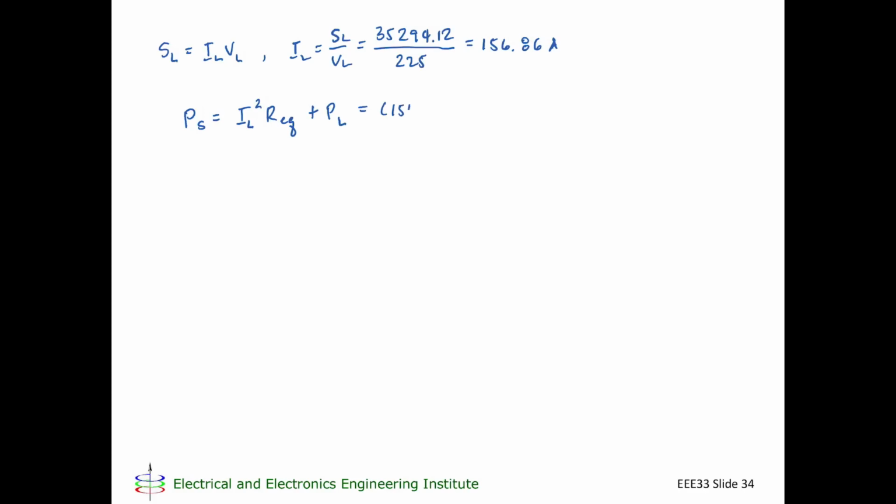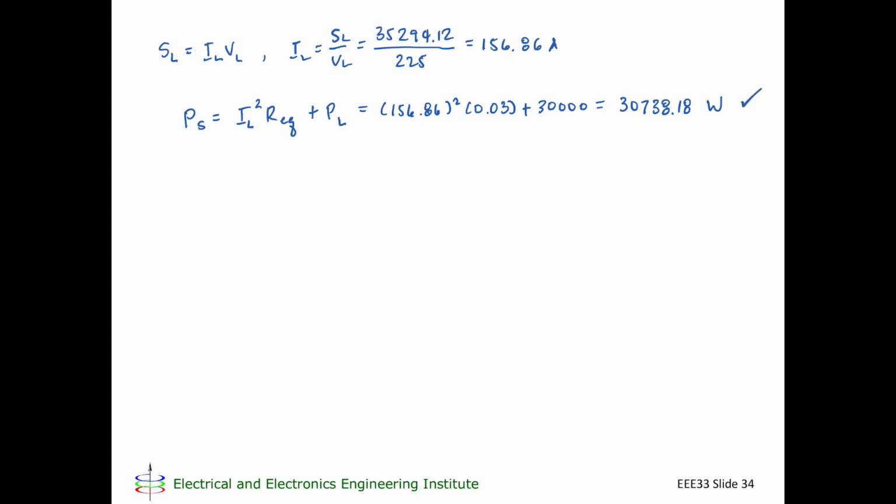So this is 156.86 squared times 0.03, plus P_L, which is 30,000 watts. So I'm going to get 33738.18 watts. So this is one quantity that we have now solved.